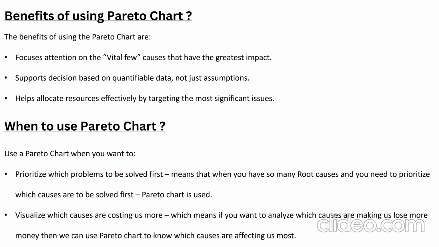In this scenario, the Pareto chart is used. It also helps visualize which causes are costing us more. Means by using the Pareto chart, if you want to analyze which causes are making us lose more money in the company, then we can use the Pareto chart to know which causes are affecting us most.